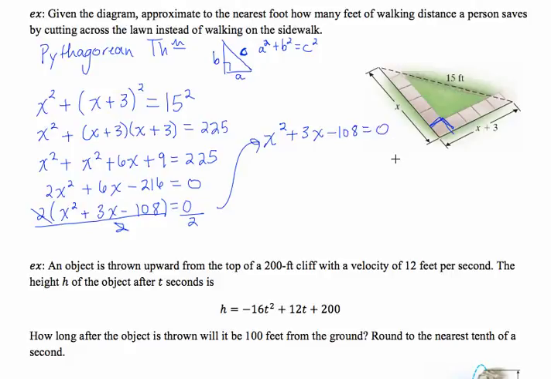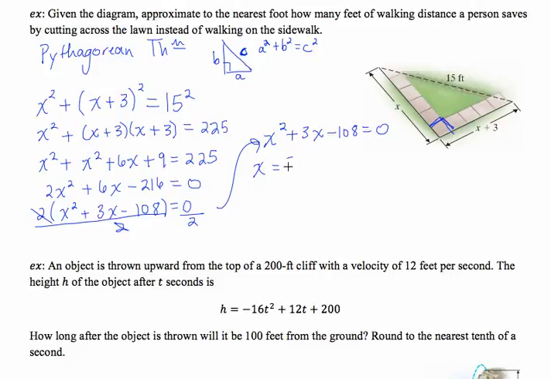Now, this is one that maybe or maybe doesn't factor. I don't know. But 108 is a big number to play with and kind of hard to factor. So I'm just going to go straight to the quadratic formula. And that's what I really would do if I was solving this, which is x equals negative b plus or minus the square root of b squared minus 4ac all over 2a.